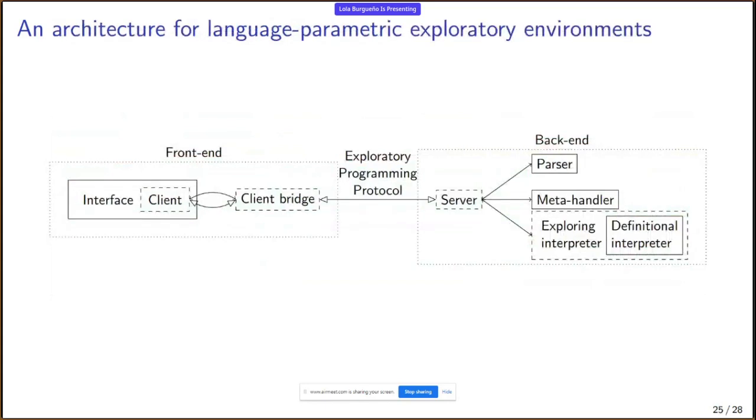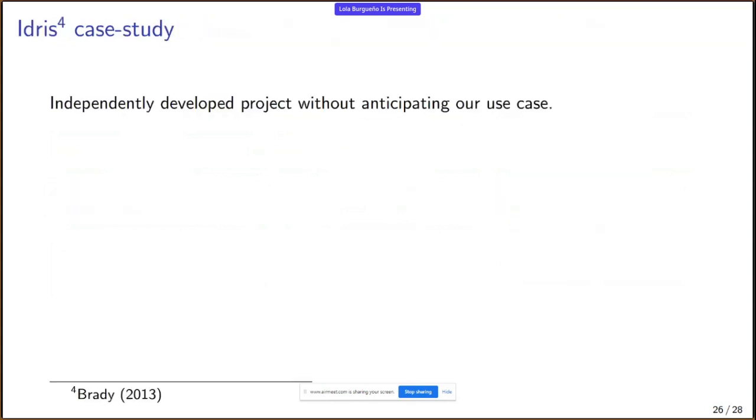Then this is eventually the architecture we support and provide. And it's reusable in many components. And we have implemented it for a variety of languages. One language is Idris, which is the dependently typed programming language. And it is not developed by us. So a couple of languages we implemented were developed by us, essentially for our approach, but Idris wasn't. It was completely developed without anticipating our use case.